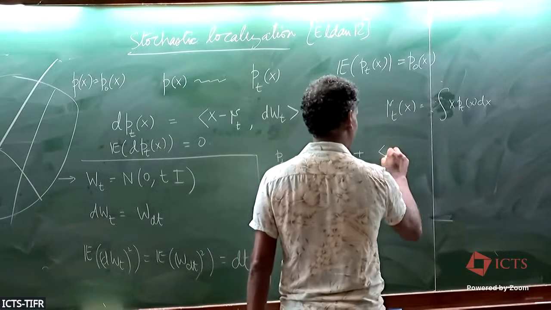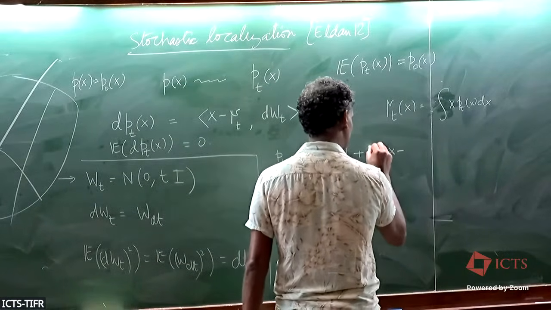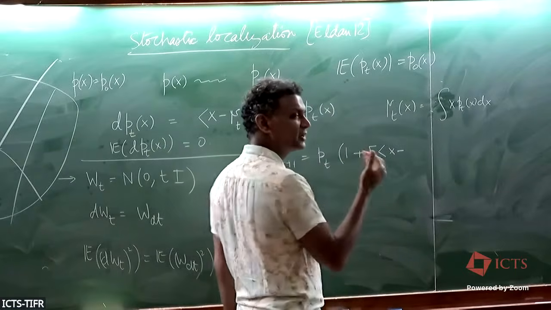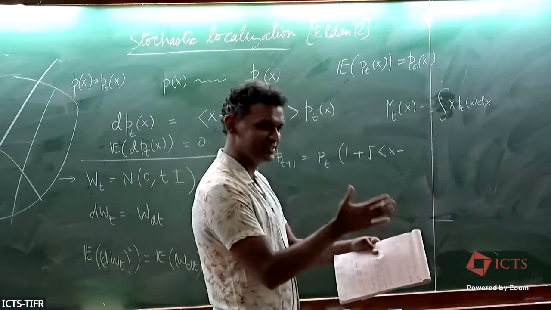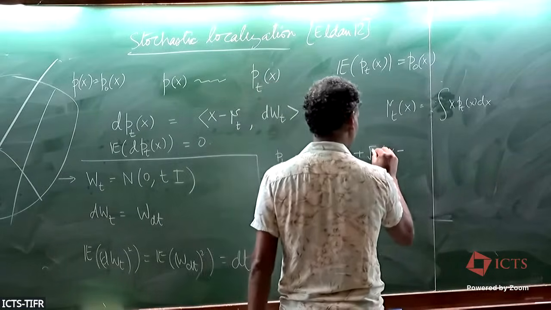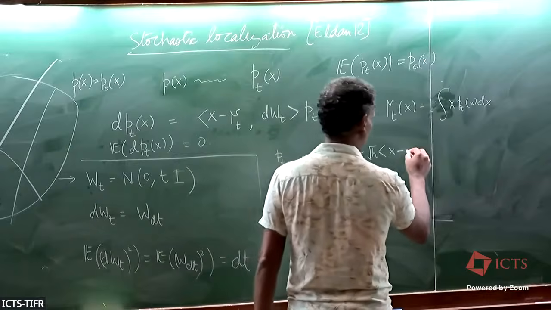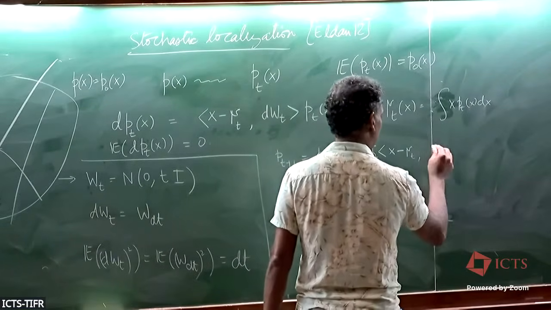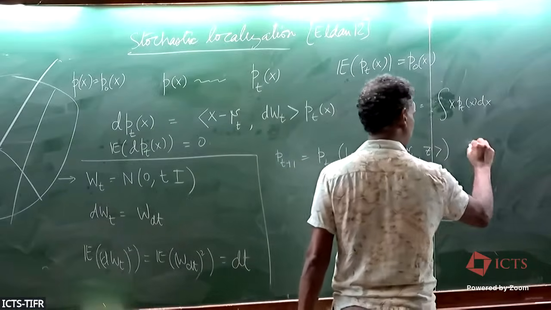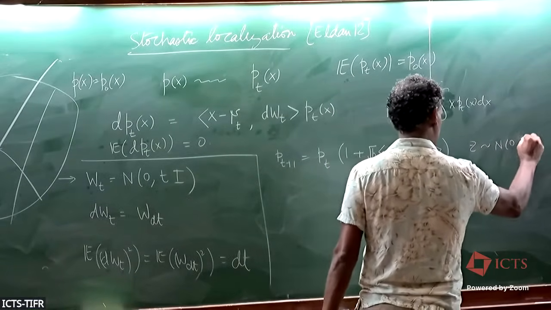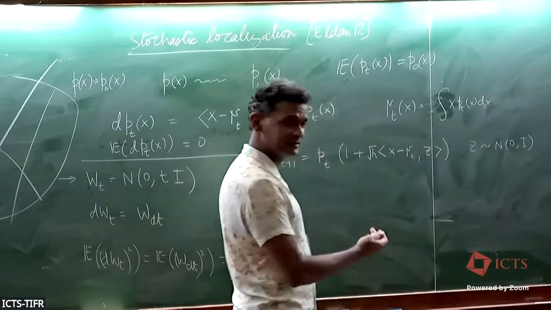So x minus mu t, and one step corresponds to some finite variance Gaussian. Let's say it's h. I'm putting that out here, and then an actual Gaussian.